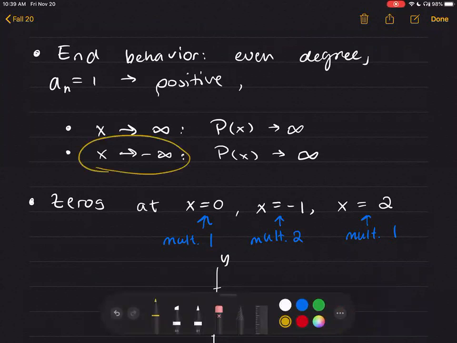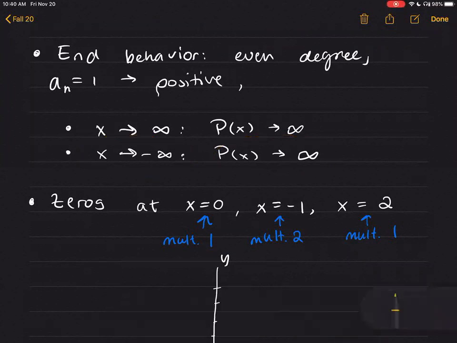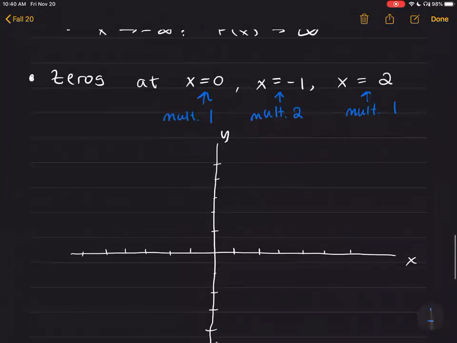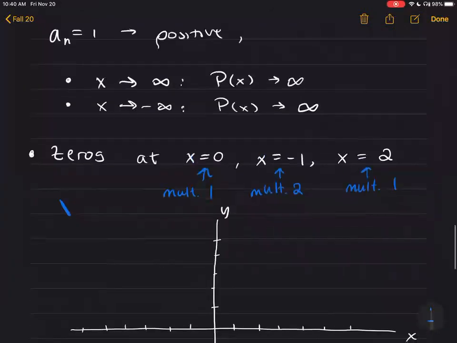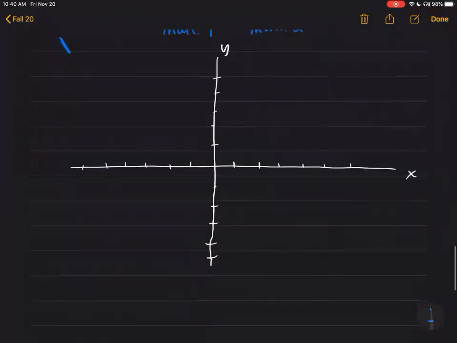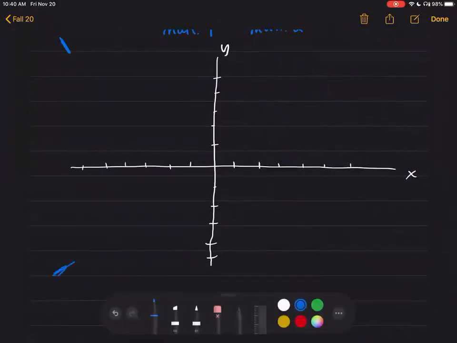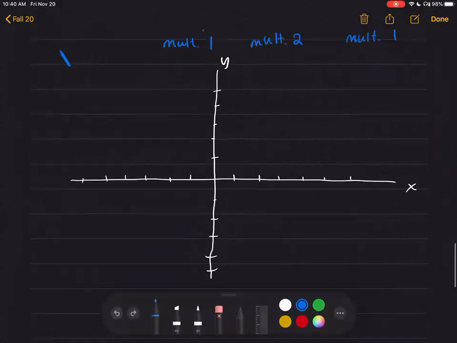As x goes off to the left, p of x is positive. So that means that when we graph, we're going to start up here. If as x went to negative infinity, p of x went to negative infinity, we'd start down here. But since we are doing this case, we're going to start up here where it's positive.